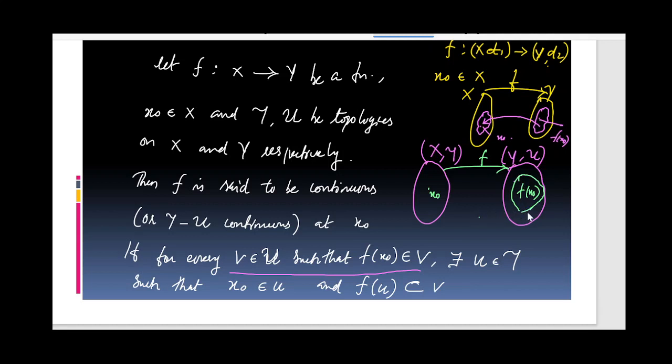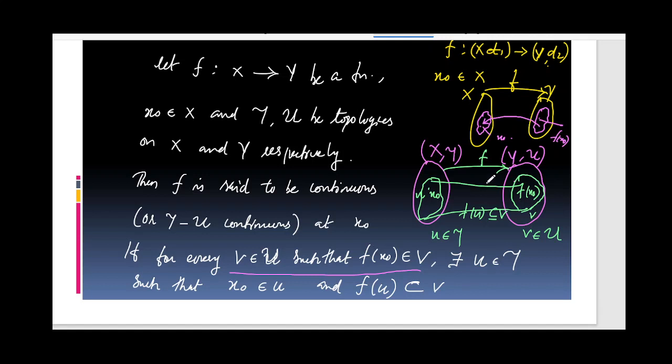So this is your V. Then I can find a U in my topology, some U belongs to T, corresponding to this V, such that it contains x naught, and the next condition is that f of U should be contained in V. That is, this whole image should lie inside your V. So this is the definition of continuity in topology.